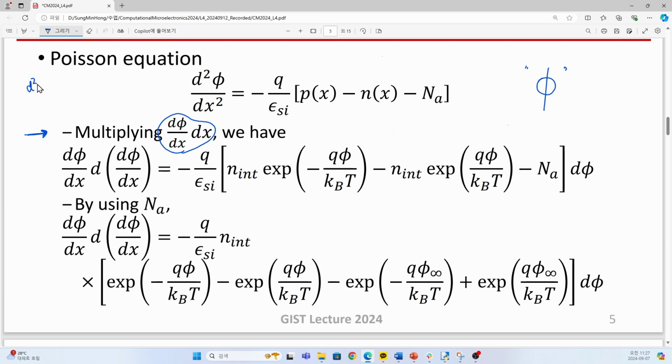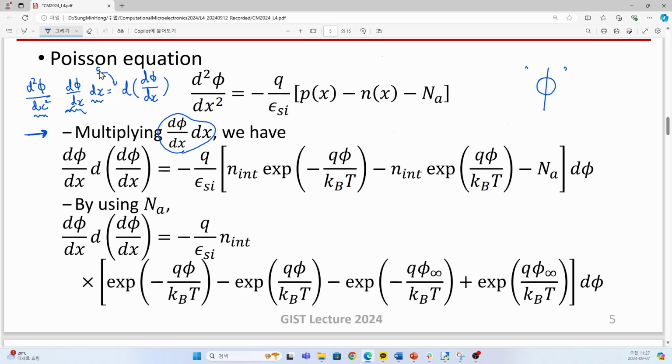Now we have second order derivative, d phi dx and dx, and combining this and that can be treated as d phi dx, and here we have a remaining d.